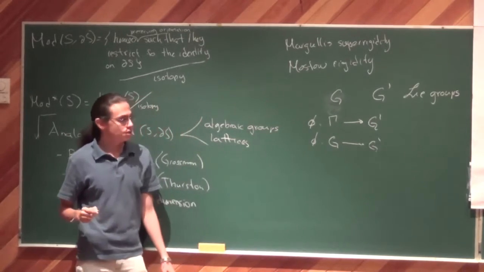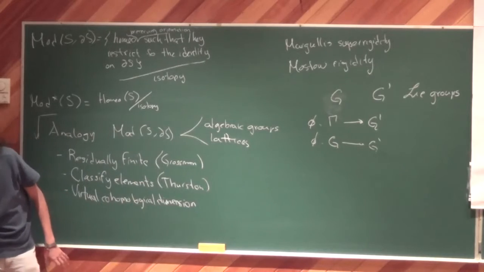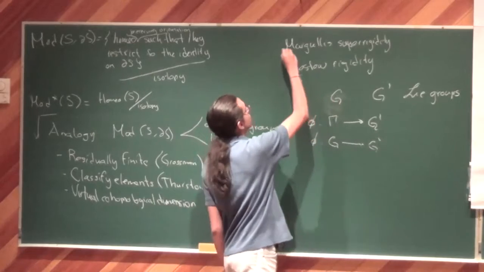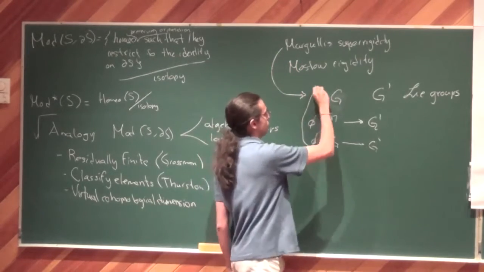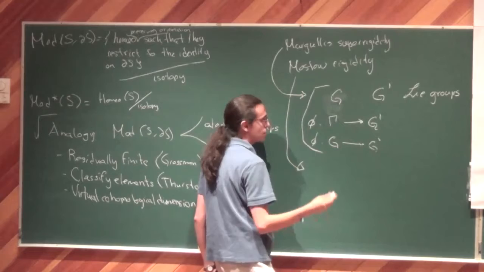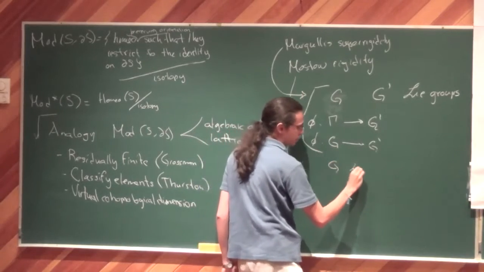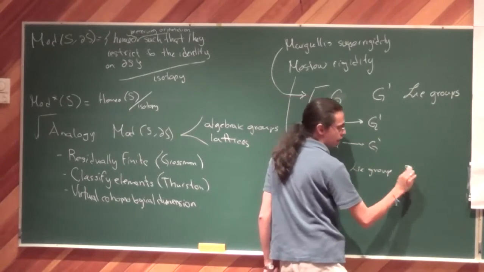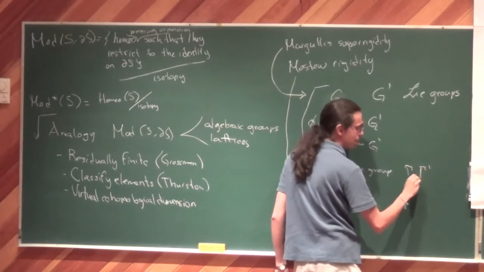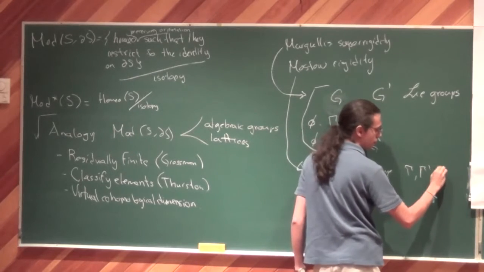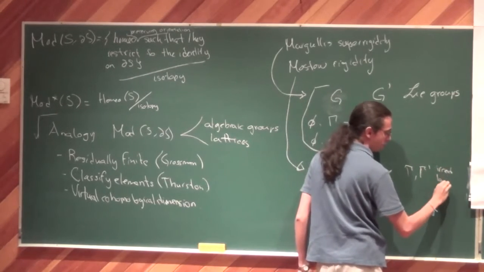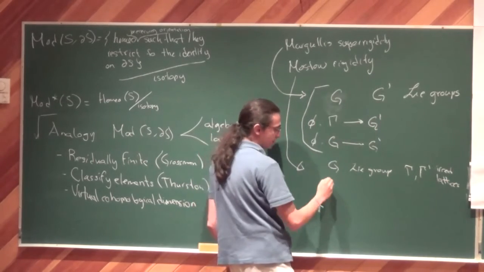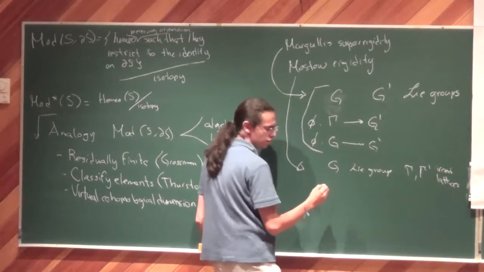Mostow rigidity tells us something similar, but using only one Lie group. We will have one Lie group with nice properties, two irreducible lattices, and any isomorphism.